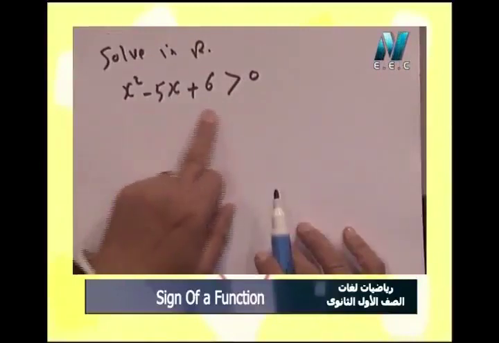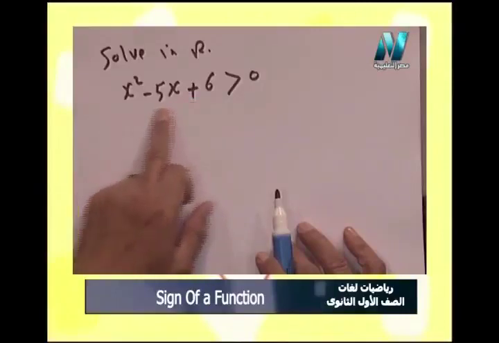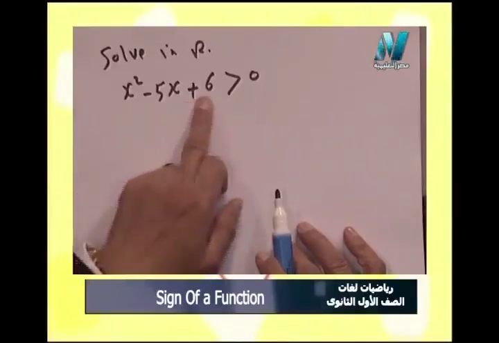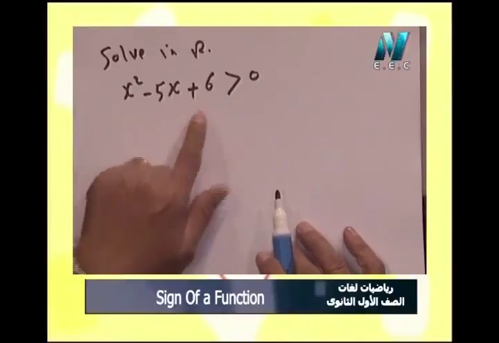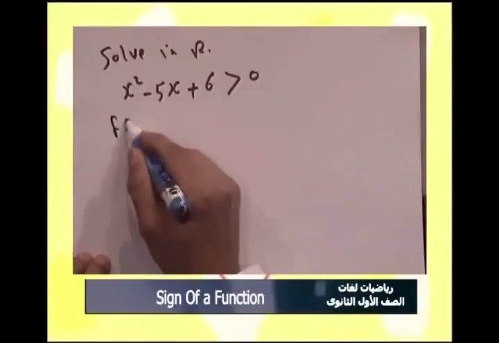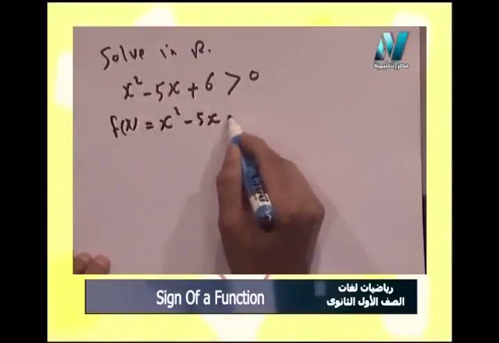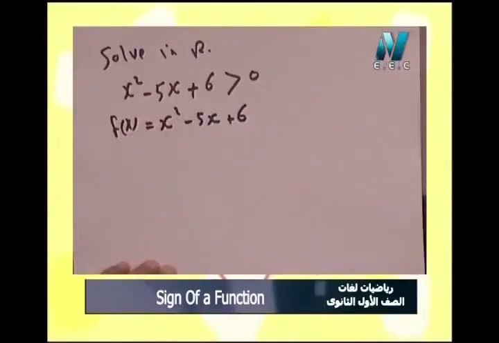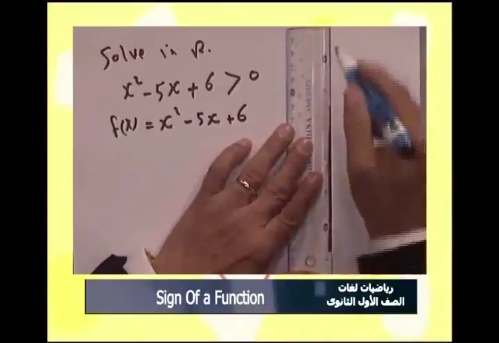How can we find the solution set of this expression? We know that if we consider it a function, the function will be x² − 5x + 6, and we have known that the graph of this function will be like that.